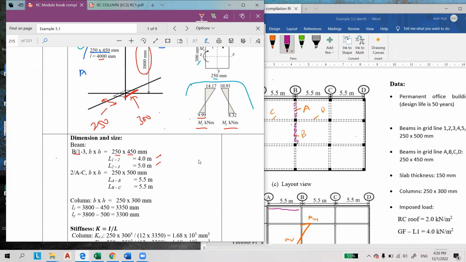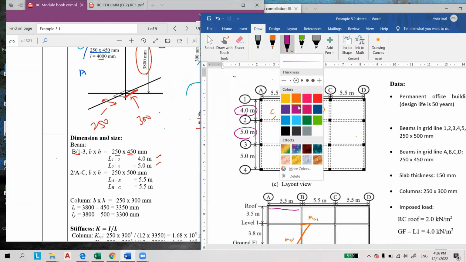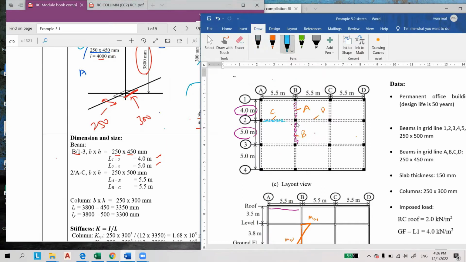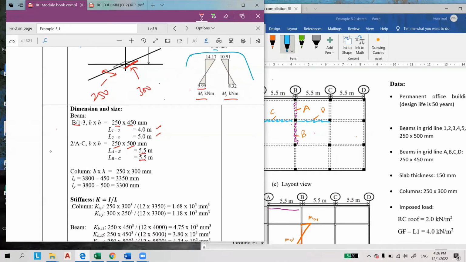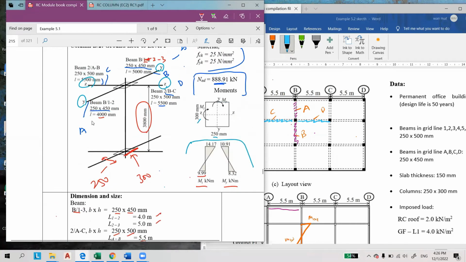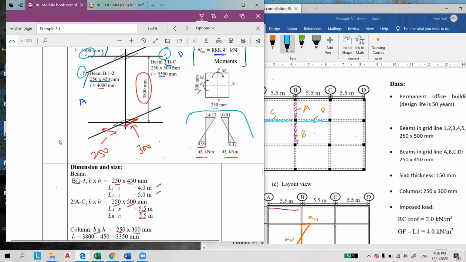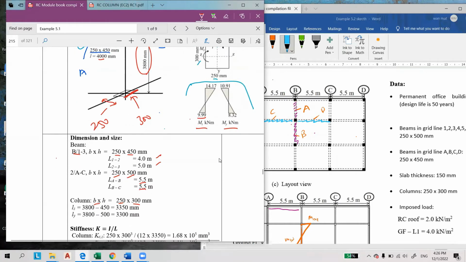And then beam at grid line 2 stroke C. Here, this is the beam C and beam D. The length is 5 meter and 5.5 meter, and the dimension for both beams is 250 times 500 millimeter. And then the column is B times H is 250 times 300. I hope you can imagine.